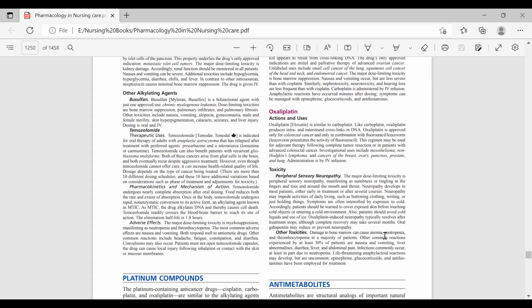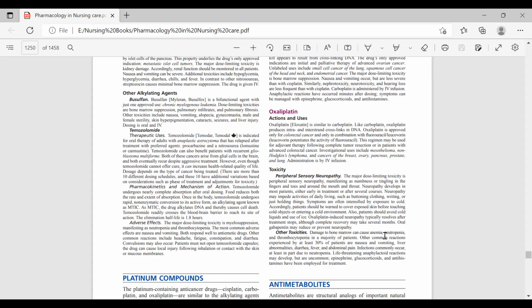The administration is by IV infusion, and the toxicity includes peripheral sensory neuropathy, showing symptoms of numbness or tingling in the fingers and toes, around the mouth and throat. Neuropathy develops in most patients, either early in treatment or after several courses.